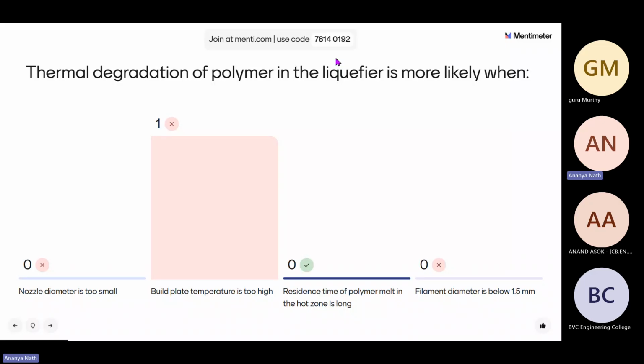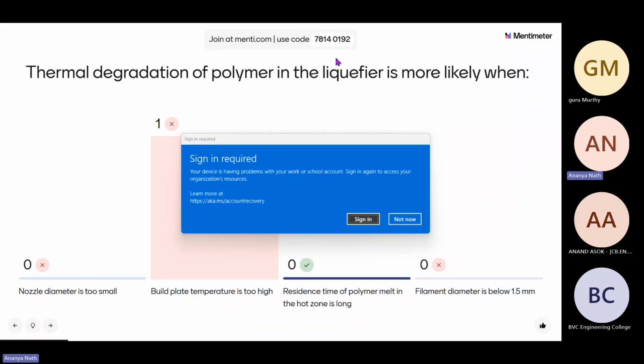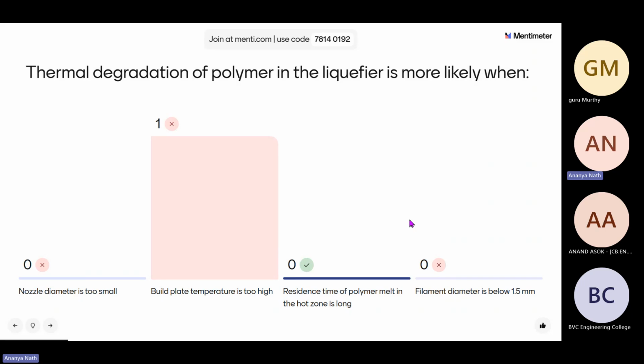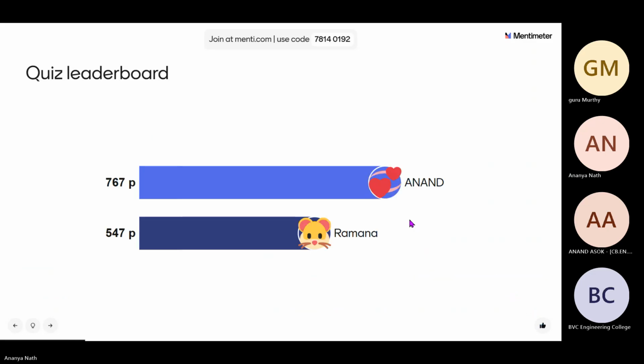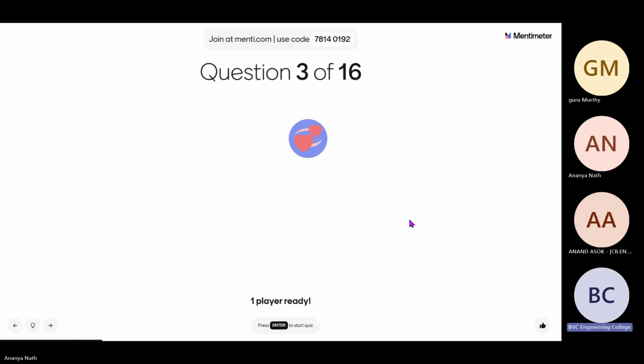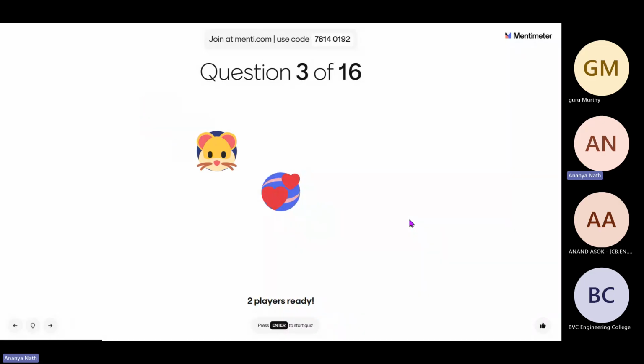The build plate temperature is not related, because both things are going on simultaneously but are not interrelated. But if the polymer melt stays in the hot zone too long, thermal degradation will happen because you are over-melting the polymer in the liquefier. So the right answer is the too prolonged melting of the wire in the liquefier, the third option.